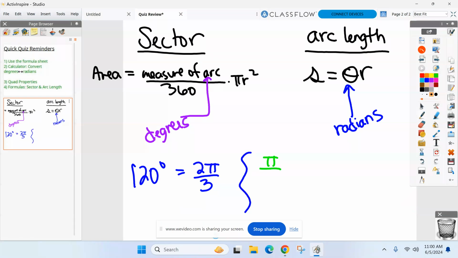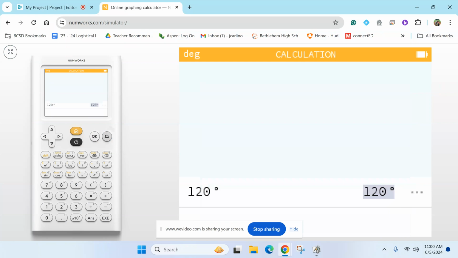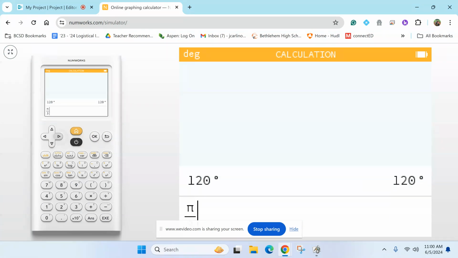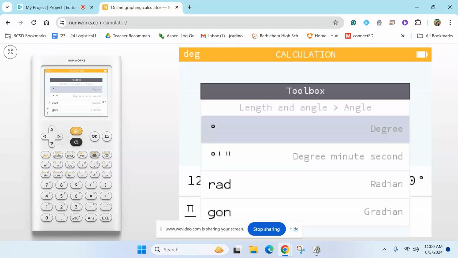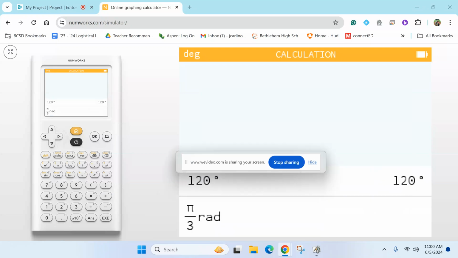So if I have pi over 3 radians tomorrow, and for whatever reason you need to turn that into degrees, same deal. I plug in pi over 3. Make sure you tell the calculator you're in radians. Same screen as you got your degrees, but now you select radians, and just make sure that radian is clearly on the outside.